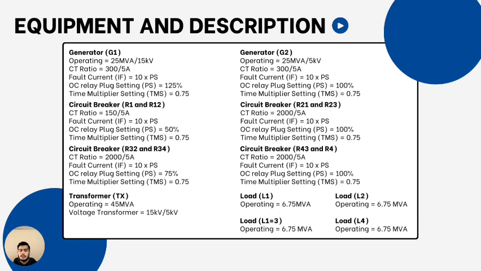Our transformer is operating at 45 MVA, and our voltage transformer is from 15 kV to 5 kV, which is a step down transformer, and all our loads are operating at 6.75 MVA. All of our equipment has a similar TMS, which is 0.75 for the generators and all the circuit breakers.